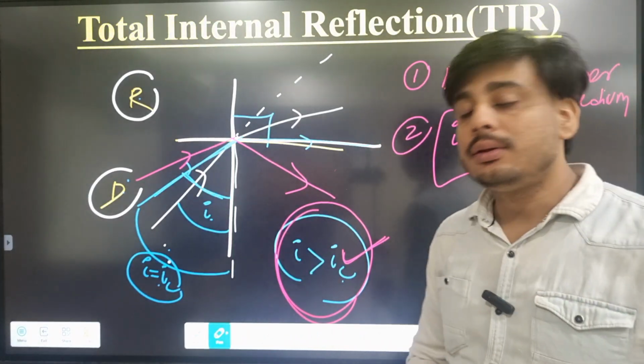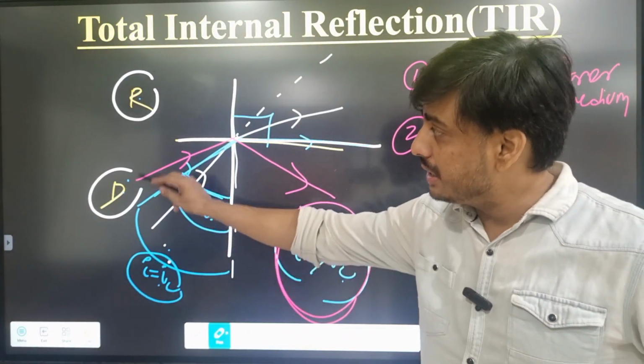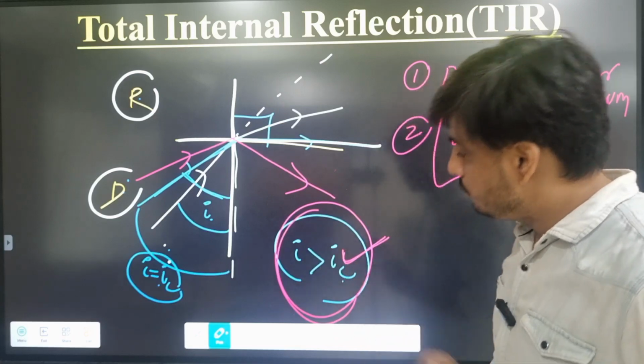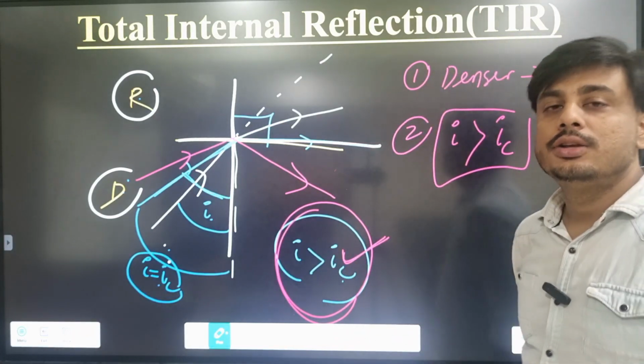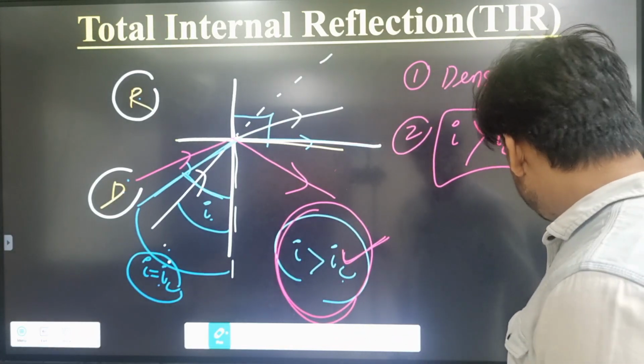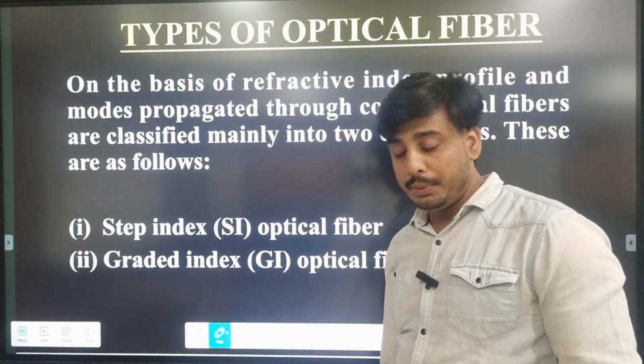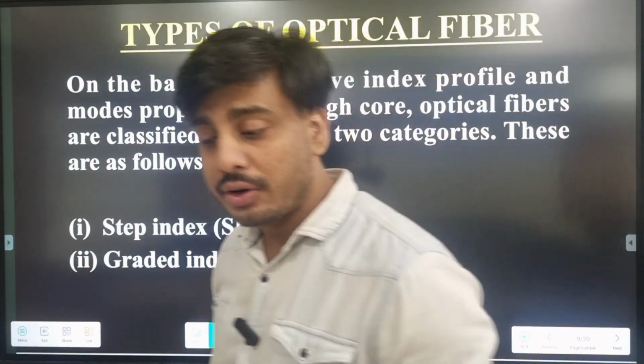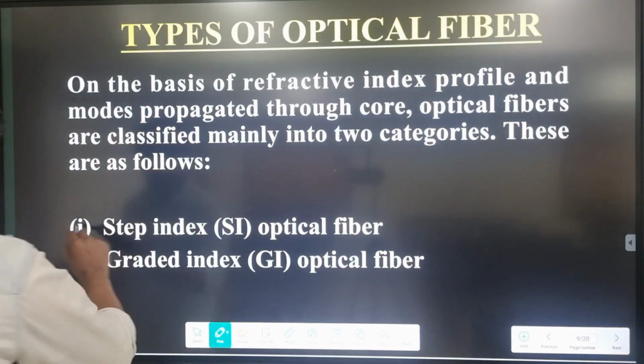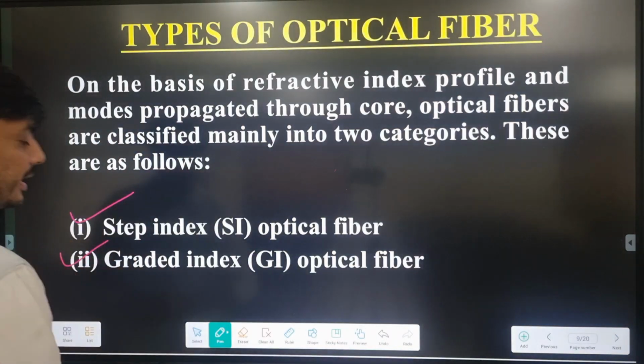One is that light must be traveling from optically denser to rarer, and the angle of incidence must be greater than or equal to the critical angle. Now we will discuss the different types of optical fibers. Optical fibers are mainly classified into two categories: step index and graded index.